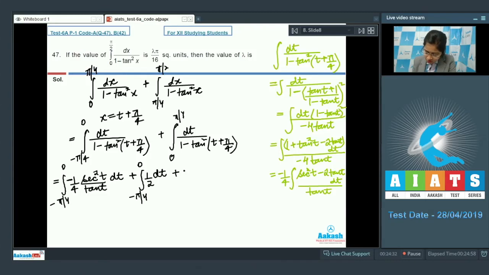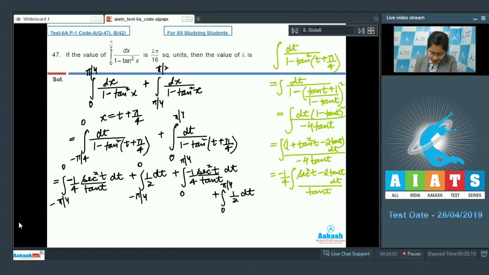Similarly, here also we will get two terms, that is from 0 to pi by 4, minus 1 by 4 into secant square t upon tan t into dt, plus the integral from 0 to pi by 4 of 1 by 2 into dt.